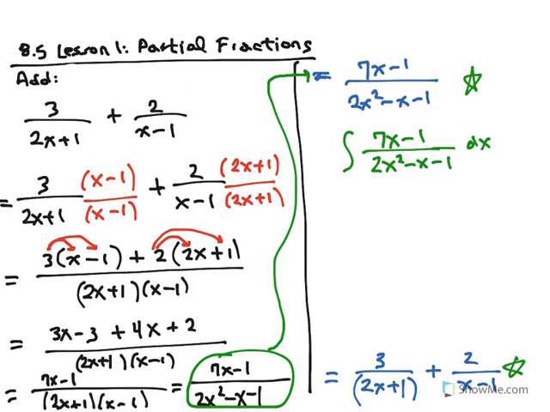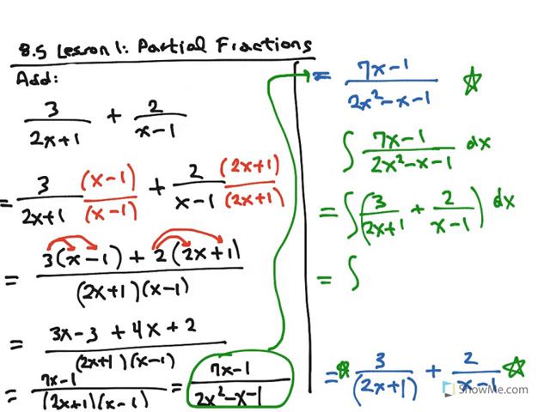If you are able to rewrite the integrand by doing partial fraction decomposition, then your integration problem can be rewritten as 3 over 2x plus 1 plus 2 over x minus 1. And this is actually something that we know how to integrate by using something called the log rule for integration. You can use the log rule for integration and integrate. And that's why we want to do that.